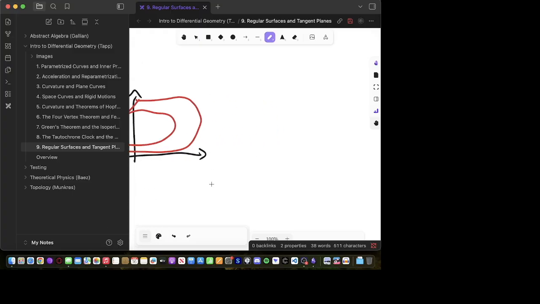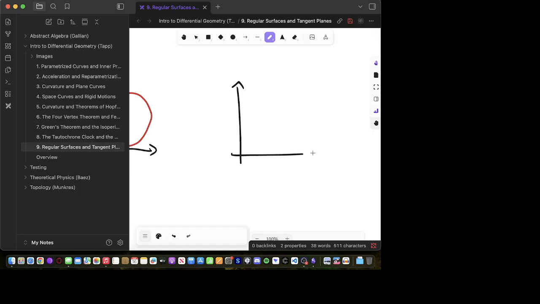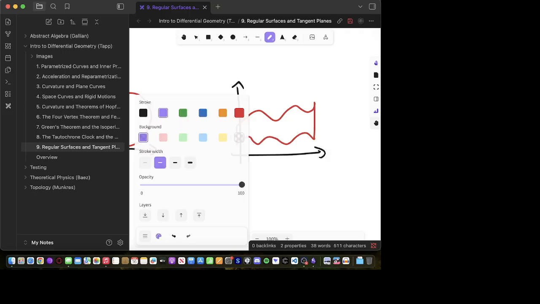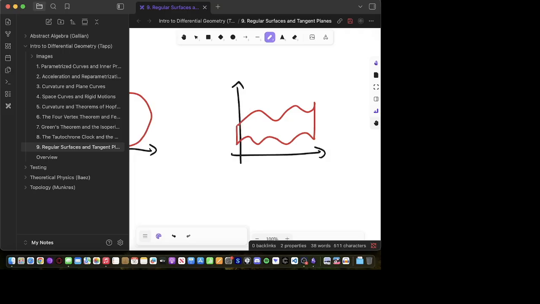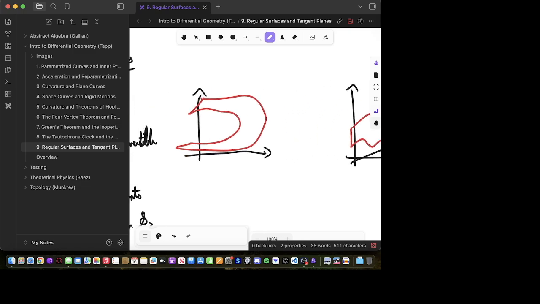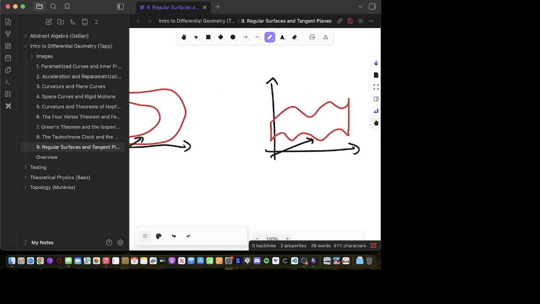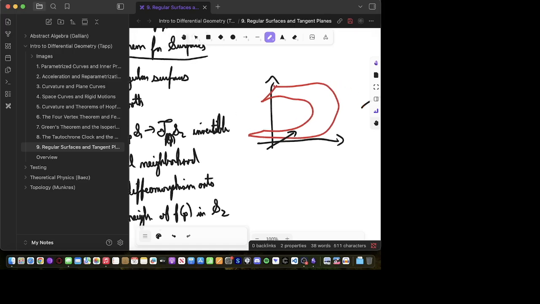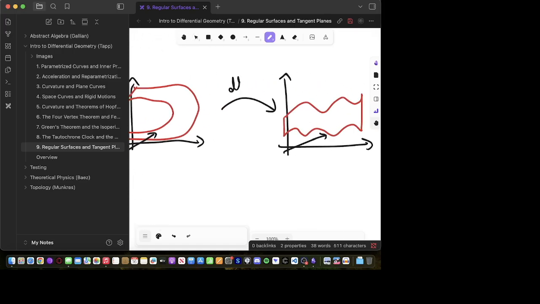And it is diffeomorphic to this regular surface.